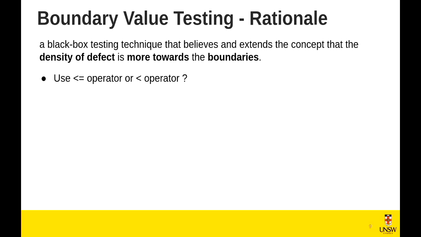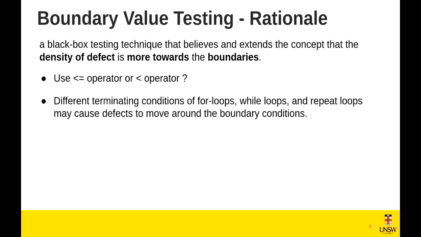For example, they may misuse the operators smaller than or equal to, or smaller than. Whether we should put the equal sign here is a question mark. This is very tricky for programmers, and of course different termination conditions for for loops, while loops, and maybe some recursions may cause defects around the boundary value conditions.